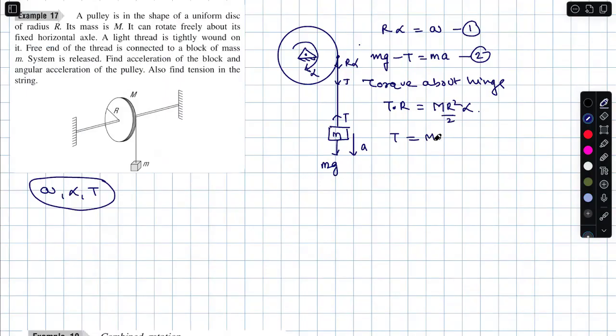T is M by 2 R alpha, which is nothing but M by 2 A. Equation 3. Simple. You got the point. Equation 2 plus equation 3 implies mg is, array, tension gets cancelled.